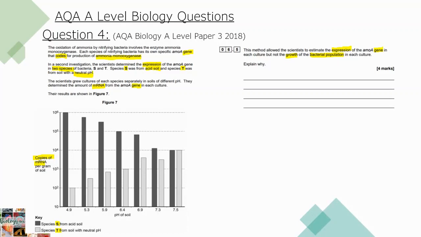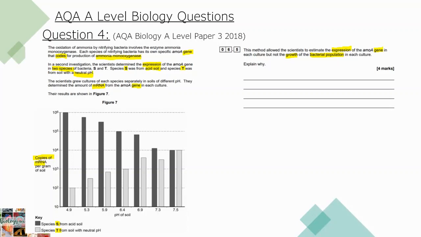We can also say that we don't know how much mRNA is produced per cell. So we know how much is produced for the species itself, but we don't know how much is produced for the specific cell, so therefore we don't know the growth of the actual bacterial population.